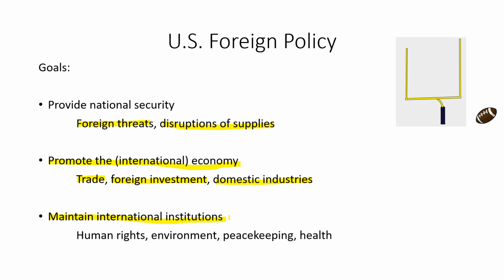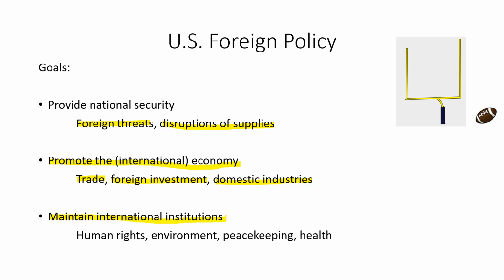But maintaining these international institutions is something that has been a very long-standing norm in our system in order to delegate certain things to these IOs that it's more practical and more efficient for them to handle as a global problem rather than each state pursuing that on their own, which could be many times more expensive.